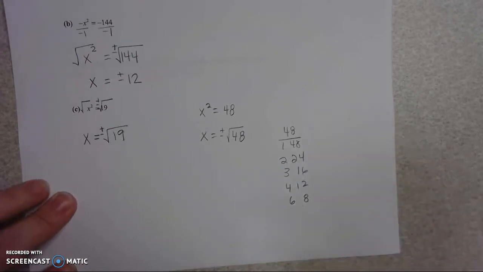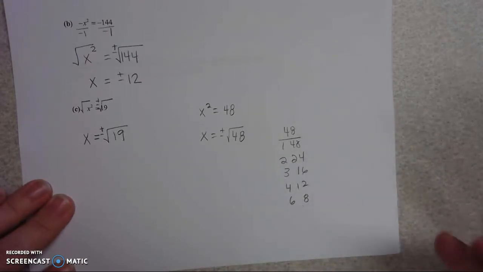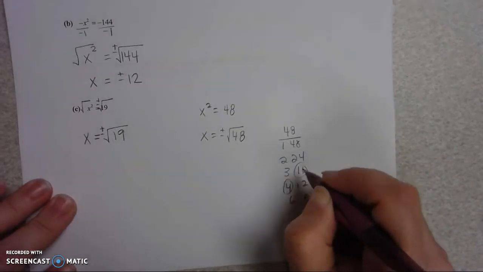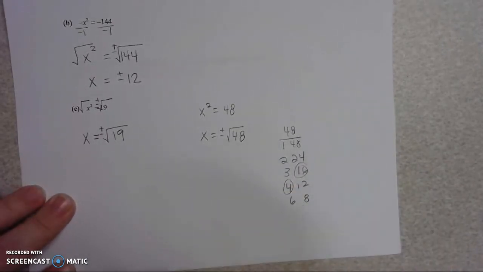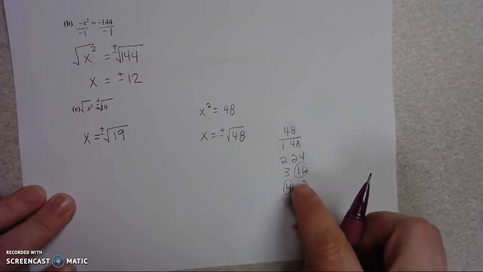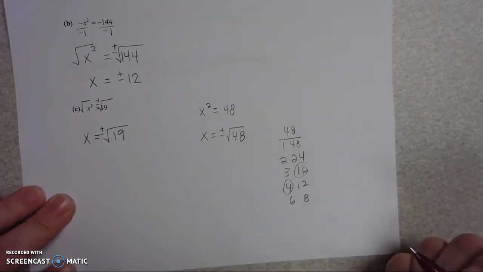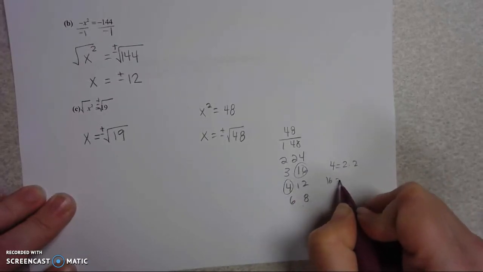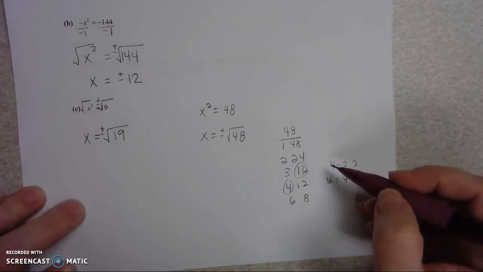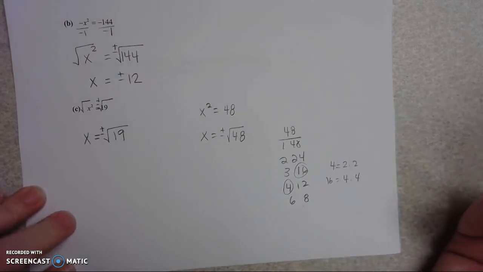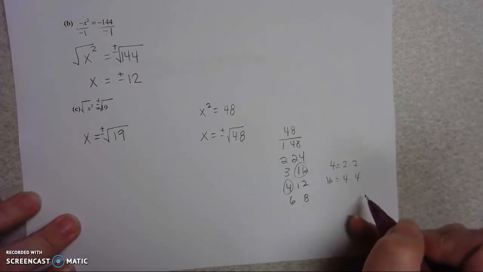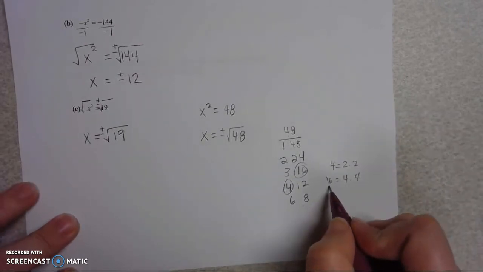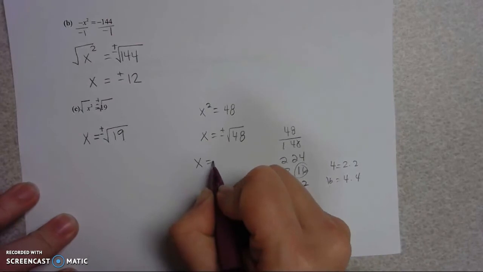If any of them are perfect squares, then I can simplify 48. I see 2 that are perfect squares, meaning I can say something times itself and get the number. So 4 is 2 times 2, and 16 is 4 times 4, so we would say 4 and 16 are perfect squares. Now I want to pick the largest one, so that I only have to do one step in simplifying, and that would be 16.